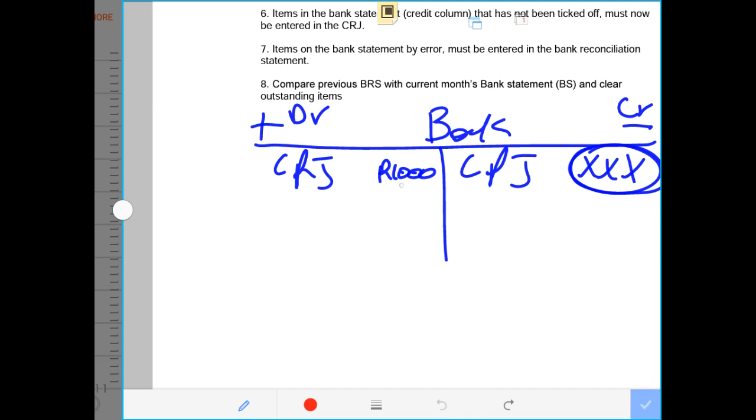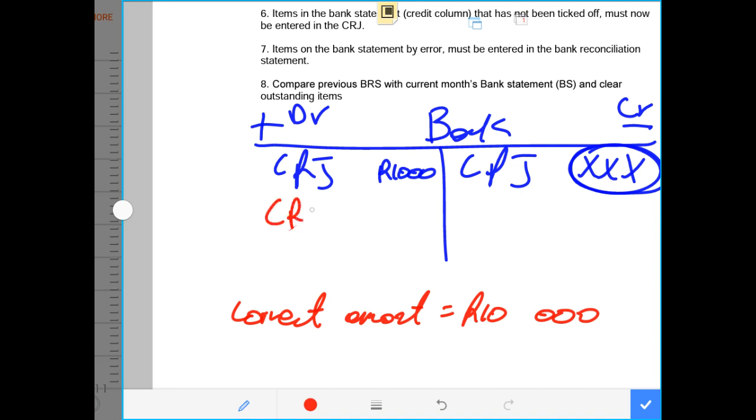Now let us say we recorded 1,000 rand on the debit side, but the correct amount was supposed to be 10,000, but we recorded 1,000. So that means our debit side is understated. So now we have to record our cash receipt journal again by an amount of 9,000.